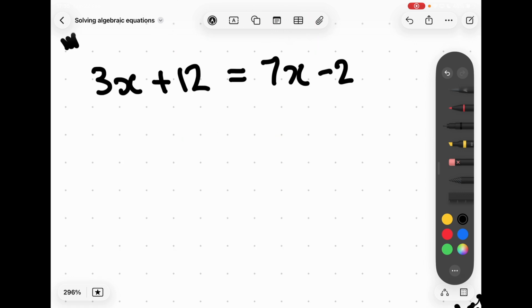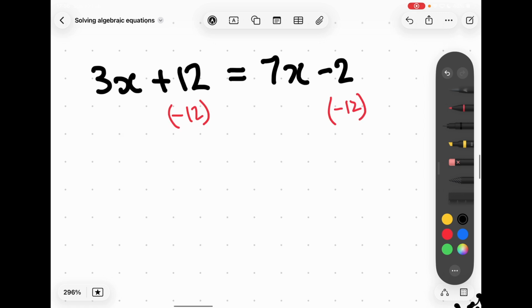So now if we have something like 3x plus 12 is equal to 7x minus 2, we can then, from both sides, minus 12. So we get 3x is equal to 7x minus 2 minus 12.